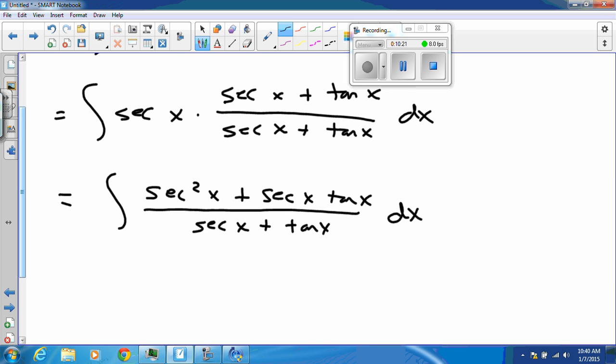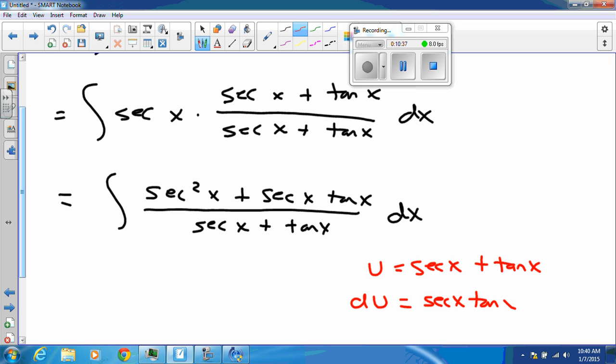And now we have hit pay dirt, because if we let u equal the entire denominator, then du, which we know automatically to compute, is going to be secant x tangent x plus secant squared x dx.